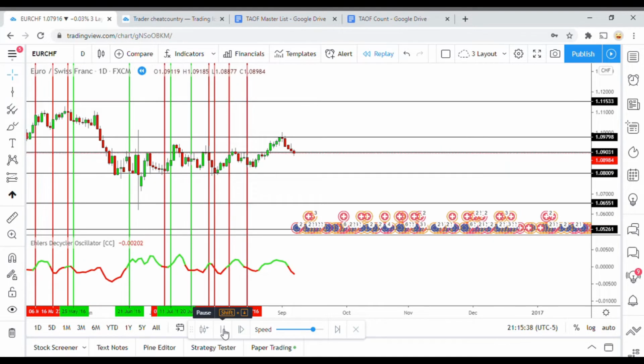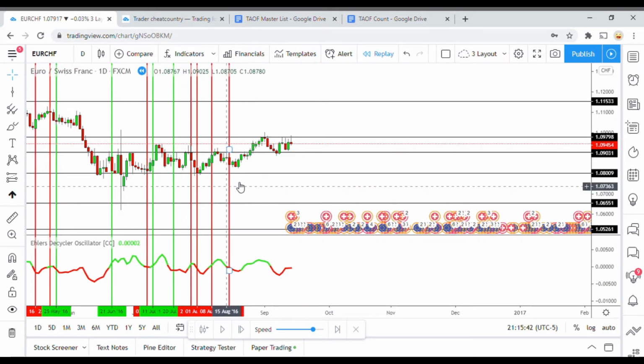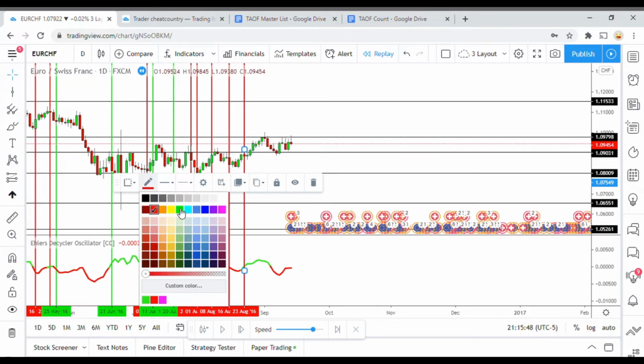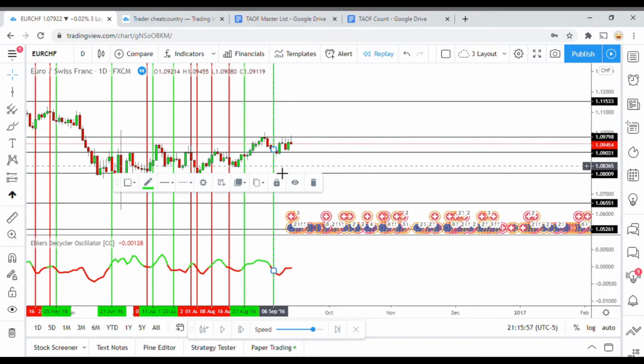Alright, let's see if this thing can pick a direction and stick to it for a bit. Oops. Not bad. We got a decent little run over here. That would have gotten us to take profit. And this one right here, that would have stopped us out.